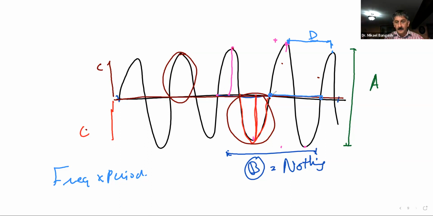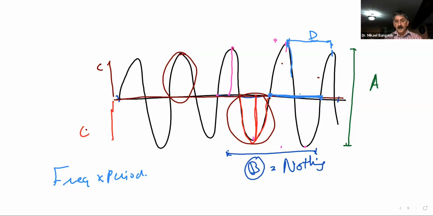This here, measured in terms of time, will become the period, or one cycle to complete. Or we could say from here to here. That's still the time that it takes one cycle to complete.